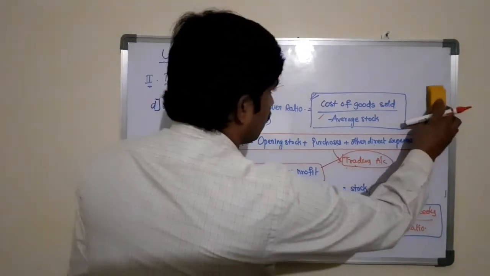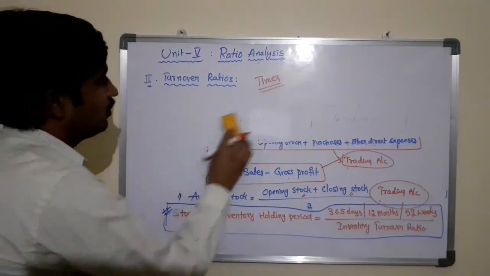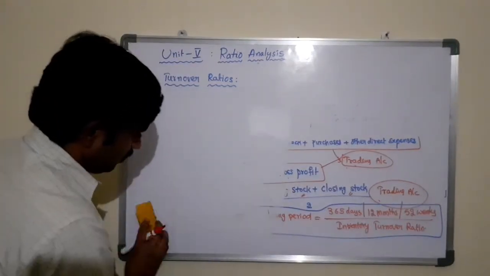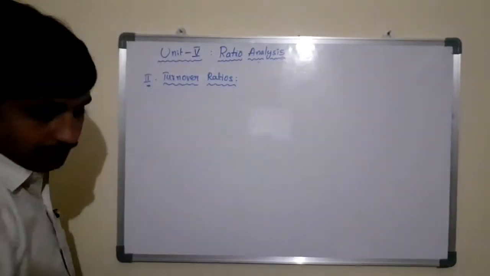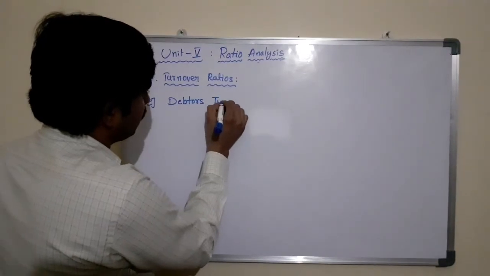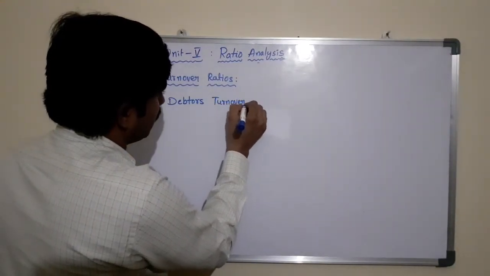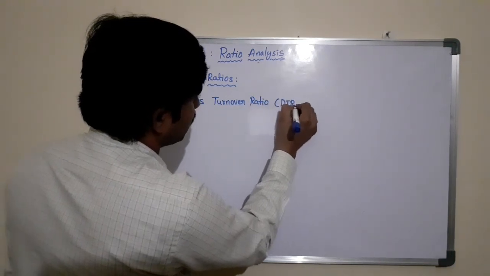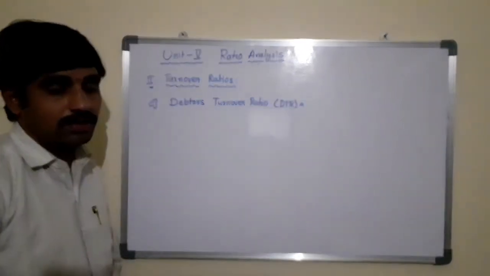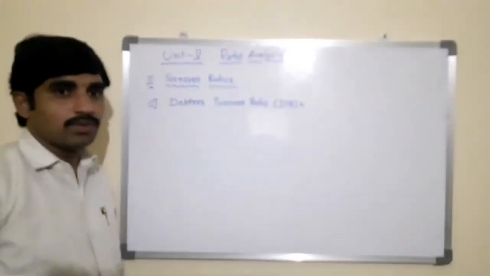The next turnover ratio that we have under turnover ratios is the debtors turnover ratio, also written as DTR.